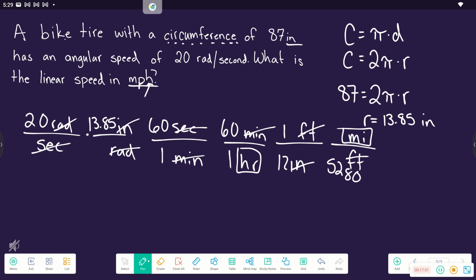All that's left to do is multiply it all together to figure out exactly what that number is. And it is approximately 3.15 miles per hour.